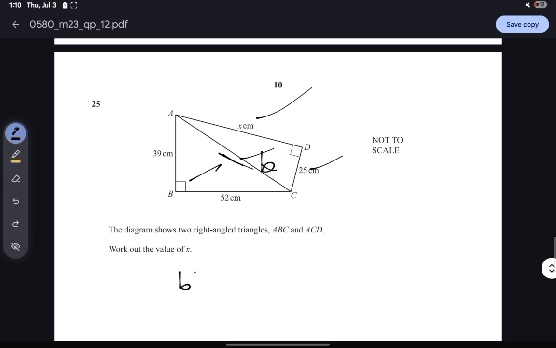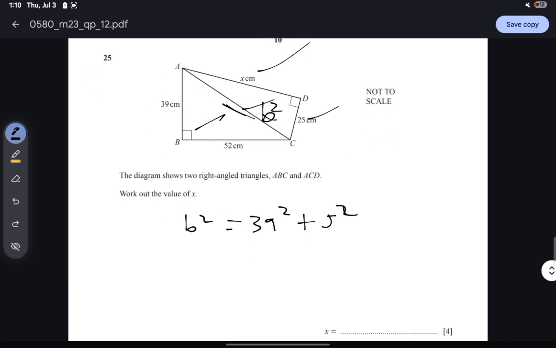So B squared is 39 squared plus 52 squared. Right? That's our B squared. And for us to get x, right, we know for this other triangle, the B will be the hypotenuse.